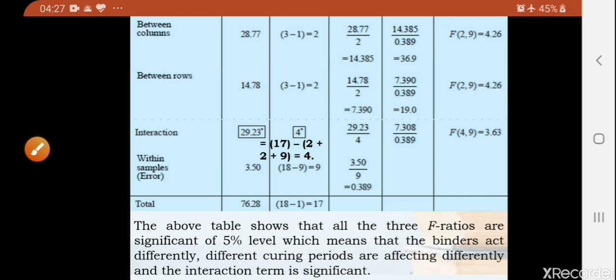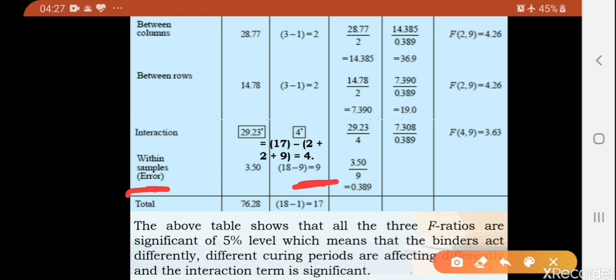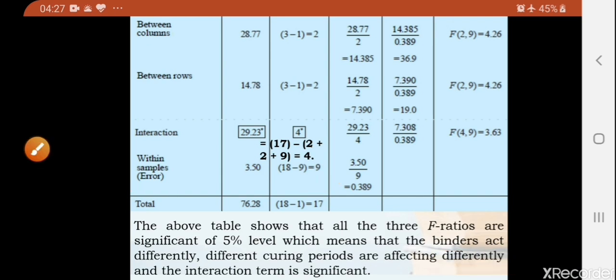First comes out to be 36.9 between columns, and F from table for 2 and 9. For the numerator, degrees of freedom is 2, and for the denominator within samples, the degrees of freedom is 9. So for 2 and 9, F comes out to be 4.26.